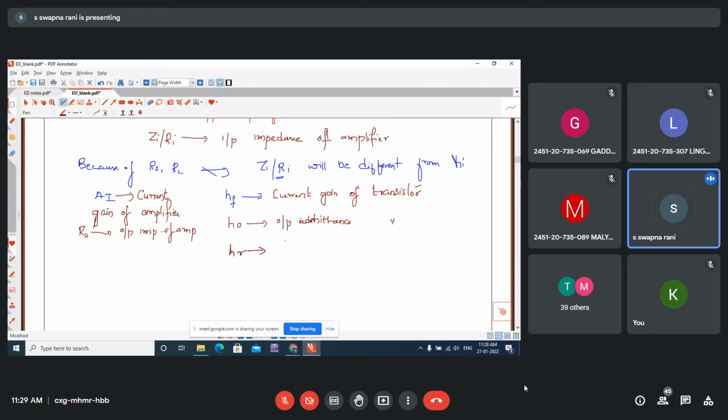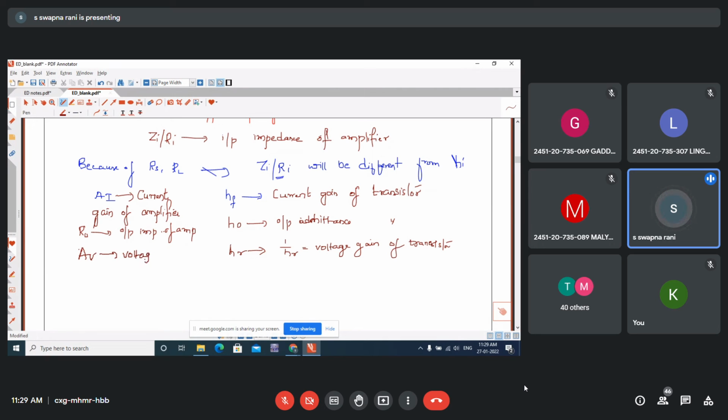If you find 1 by HR, this is the voltage gain of the transistor, whereas here AV is the voltage gain of the amplifier.